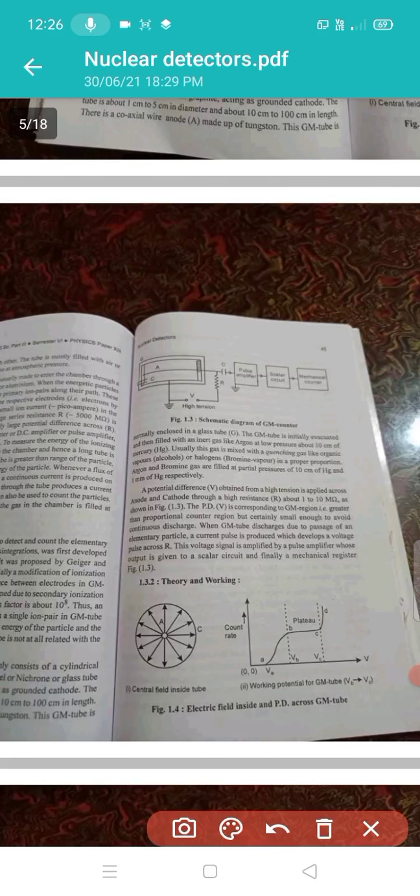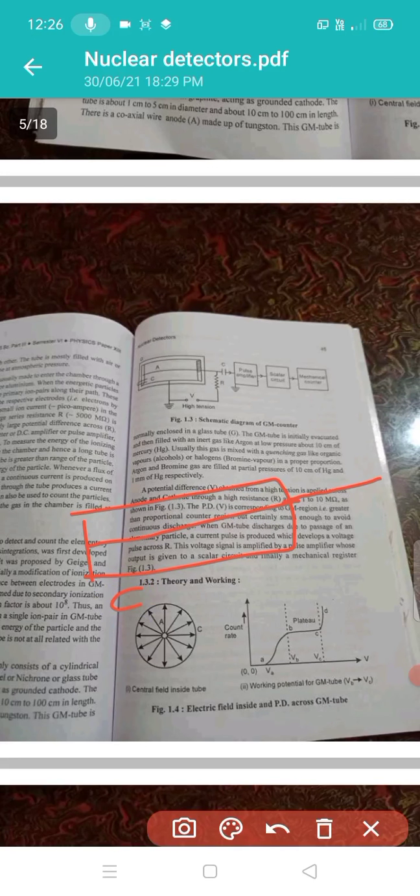Then this GM tube is normally enclosed in a glass tube G. See, there is a cylindrical tube C having an anode.